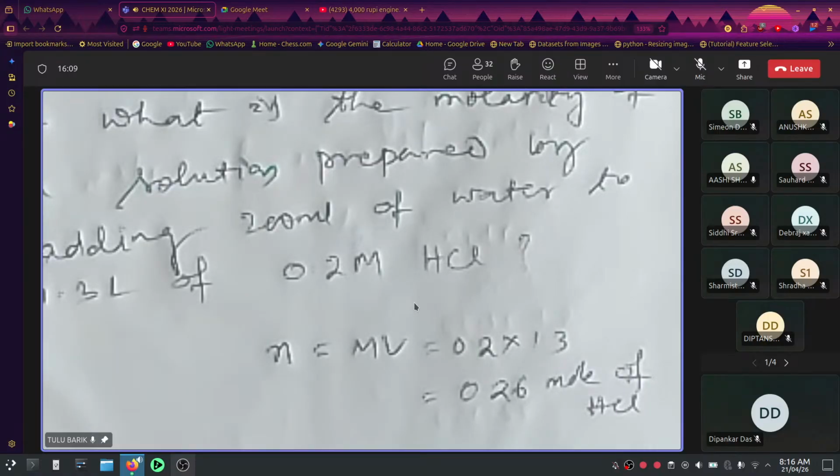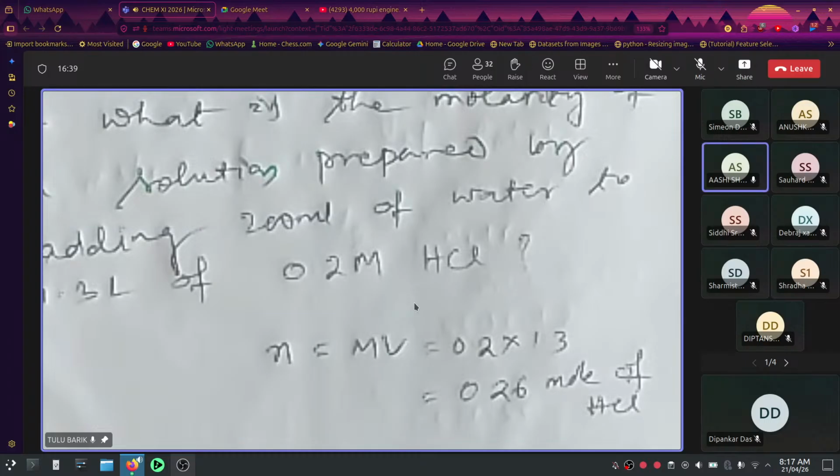Will it change by addition of water later? In the initial solution, you had molarity 0.2 M and volume 1.3 liter. So now you can calculate the number of moles of HCl in this solution by the formula. And next point, if you add 1.3 liter water to it, will the number of moles of HCl change?